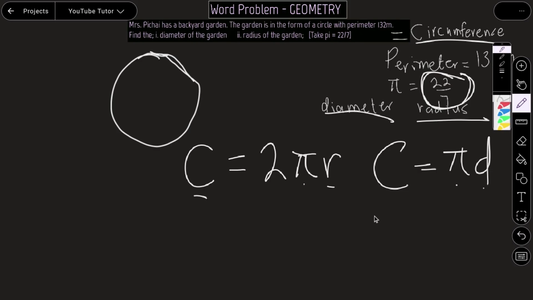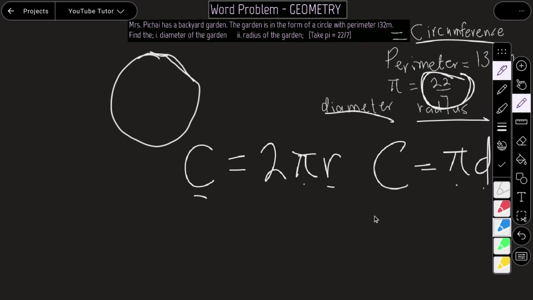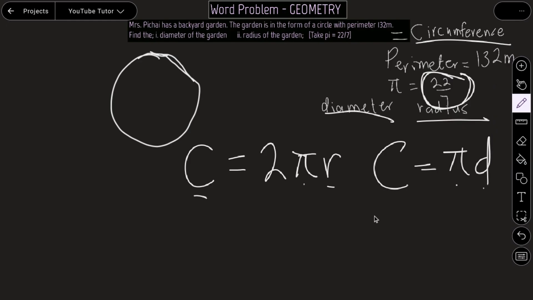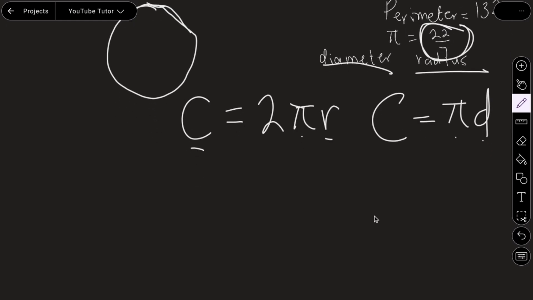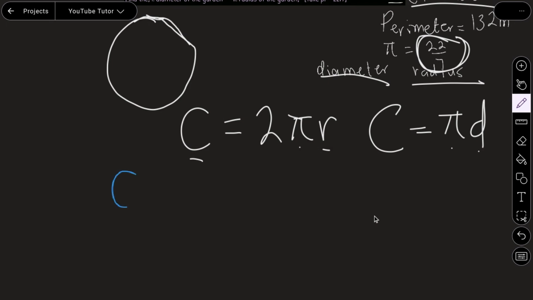So let me change the pen. Okay. So in this one, I am going to use the second formula to solve it. So using this formula, we now have C being equal to pi times the diameter, which is d.